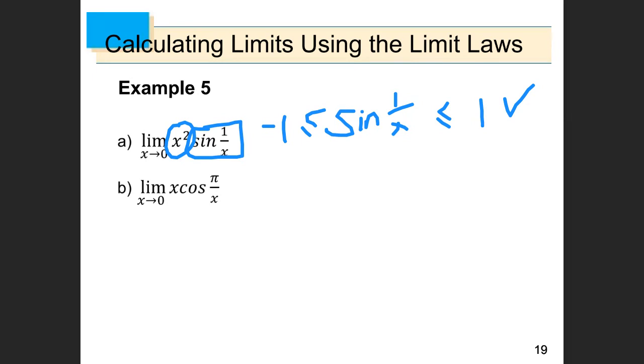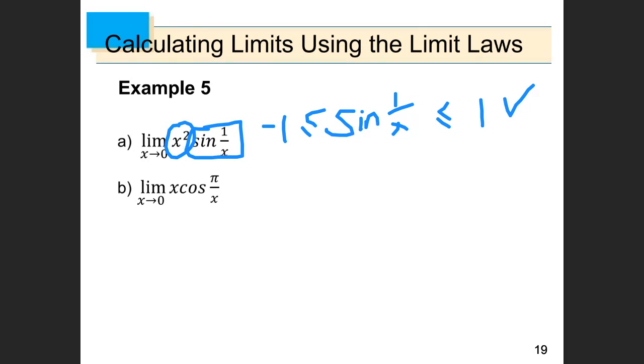Be very careful, because if it was not x squared, let's say it was x cubed, you cannot multiply all through by x cubed because you don't know what the sign is going to be. But we're very confident that x squared is always positive, so that rule applies.